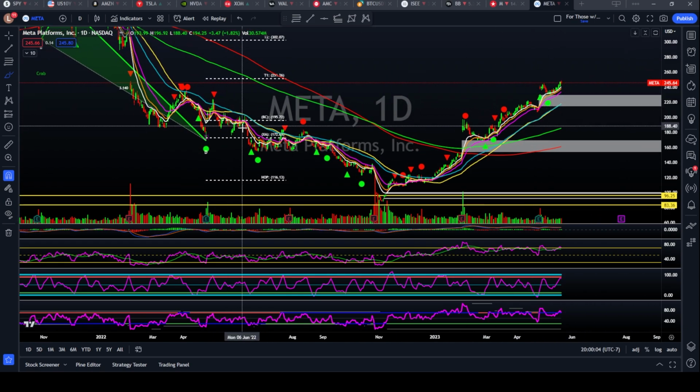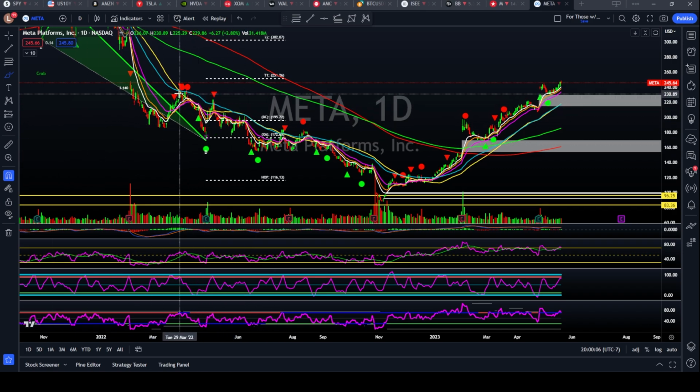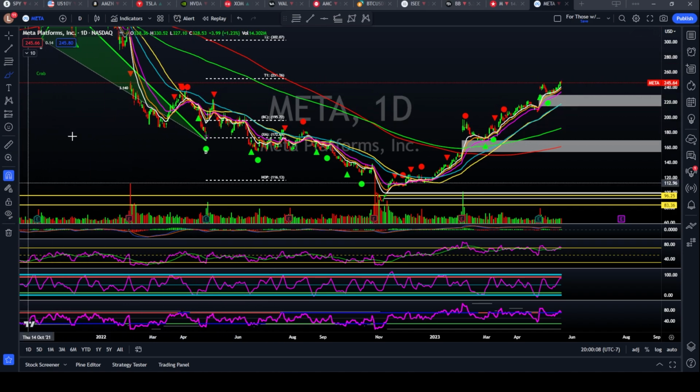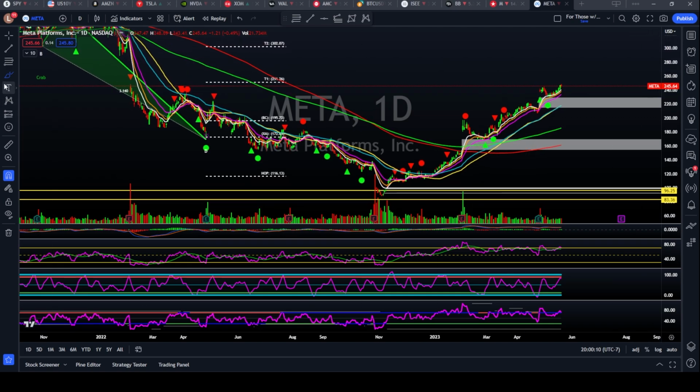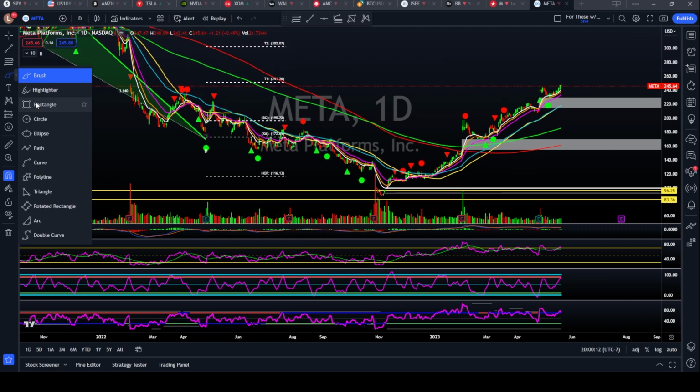You did, I believe, enter the gap here, so where did my drawings go? There is a huge gap. Let me just draw this out real quick.